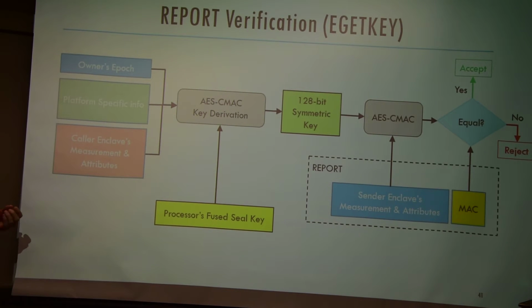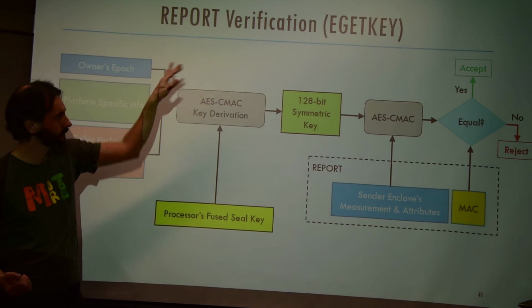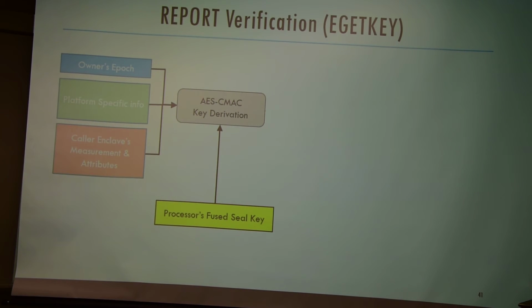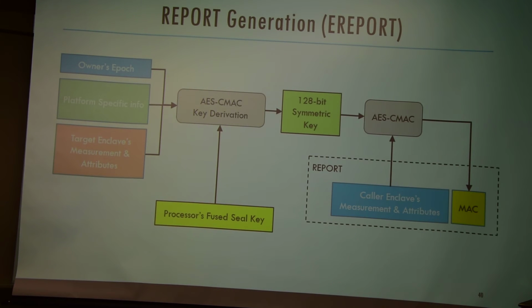So I know that the report key is only going to be visible to that enclave software for which that report key is destined. So it's a bit confusing to call this a caller enclave in our example, but this means the one who calls the EGETKEY in this particular case, right? So that's how you should think of that. So, yeah, it's pretty cool. So this is maybe the picture that is the best for that.